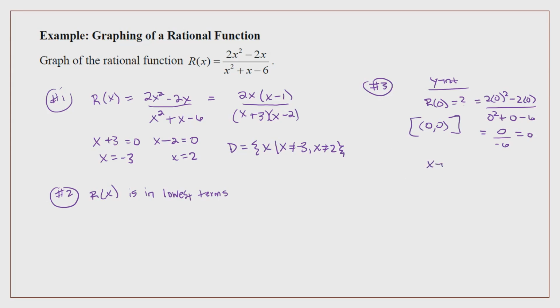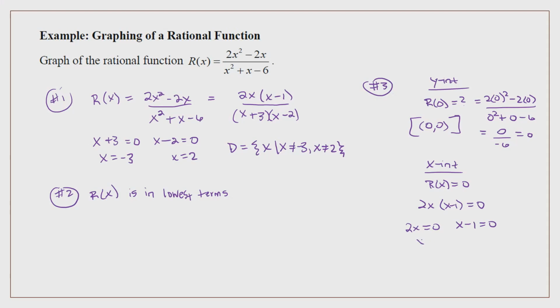For our x-intercepts, we're going to set r of x equal to 0. Or in other words, we're going to take our numerator, let's take the factored form, and set it equal to 0. So each factor we can now set equal to 0 and solve for x.